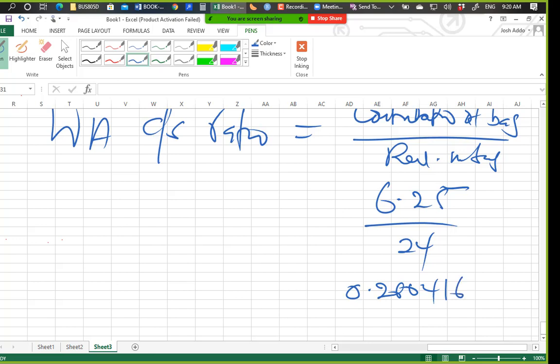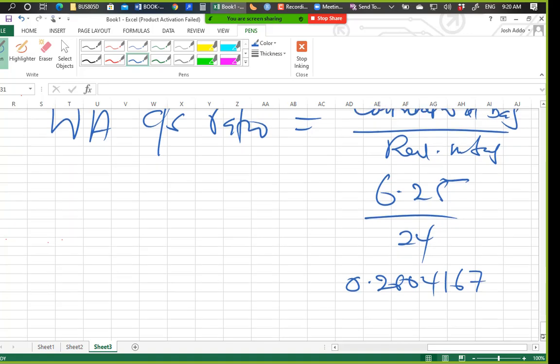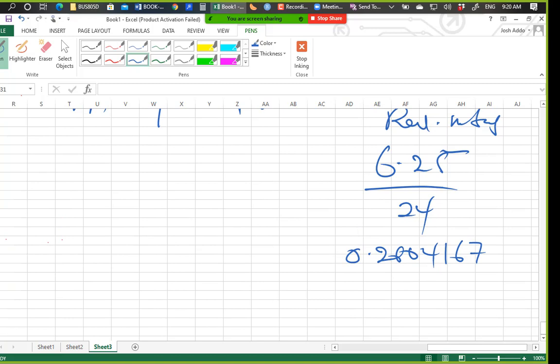Okay, so let's say 0.260416667. So this is the weighted average contribution to sales ratio.